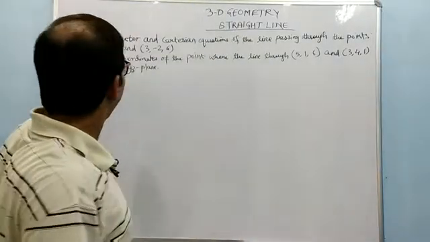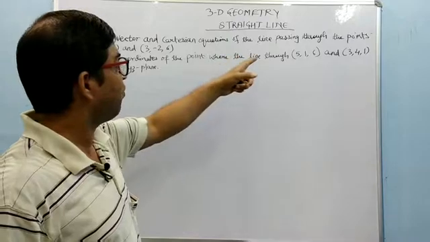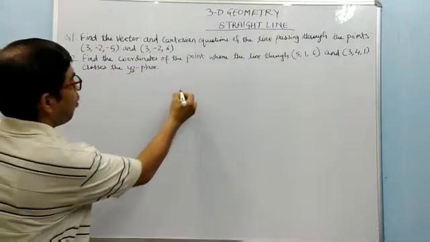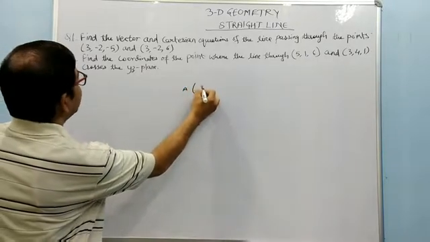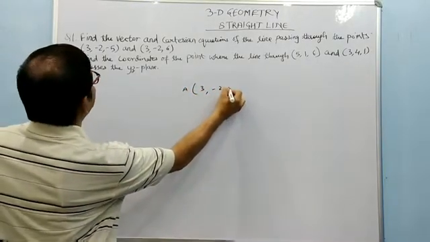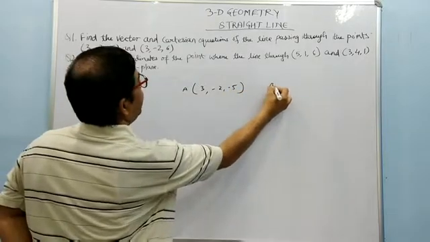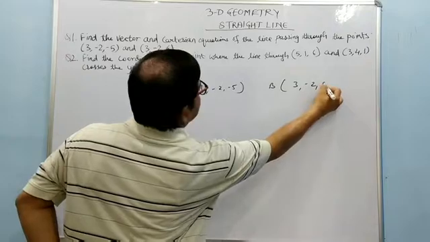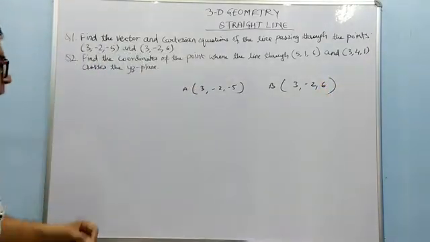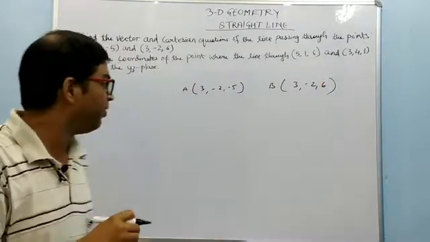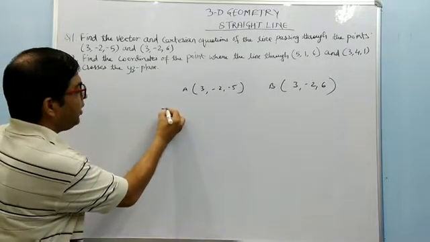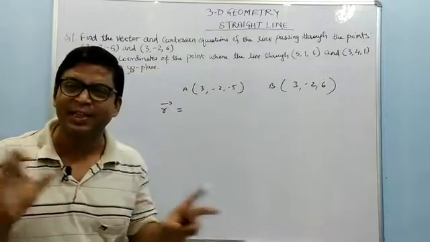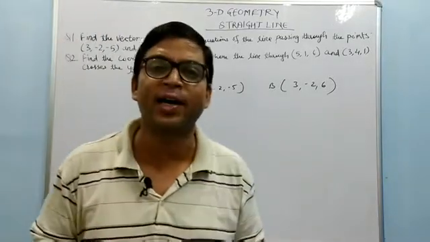Now see question number 1. Find the vector and Cartesian equation of the line passing through the points given. Point A is (3, minus 2, minus 5). Point B is (3, minus 2, 6). Two points are there and we have to find the vector equation. What we did was write vector R. R means nothing special, it is the resultant vector.